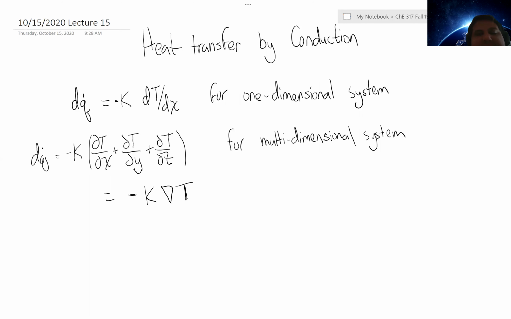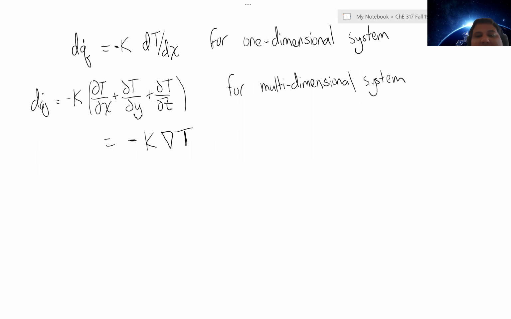Now the good news: for this class we're really not going to get into multidimensional systems, primarily because in order to do it effectively, it takes a lot of numerical solutions, because the analytical solution of solving for the gradient function is extremely complicated.